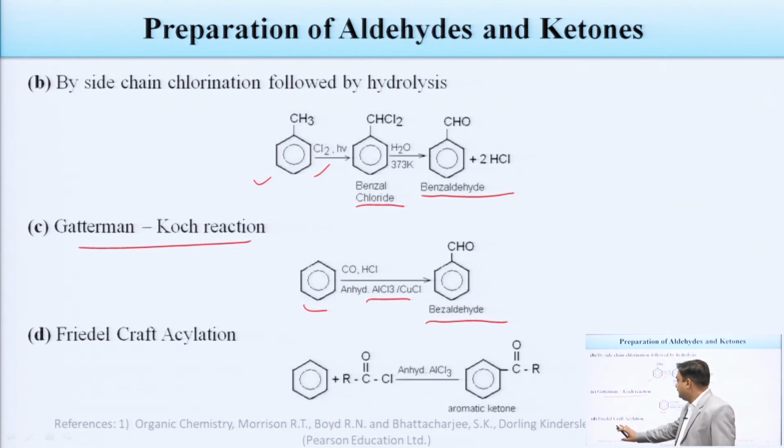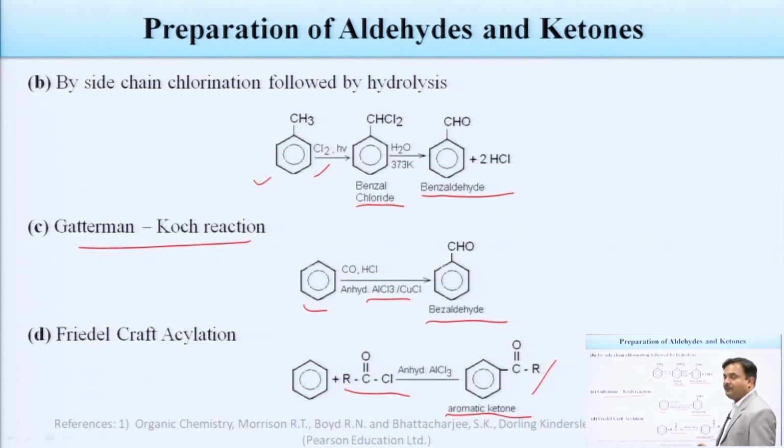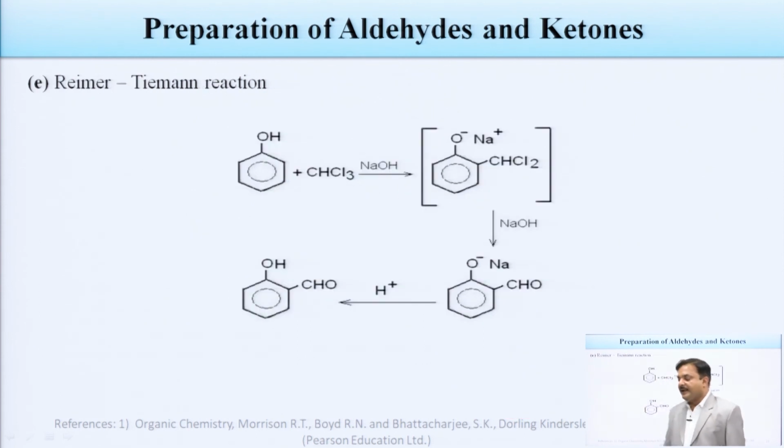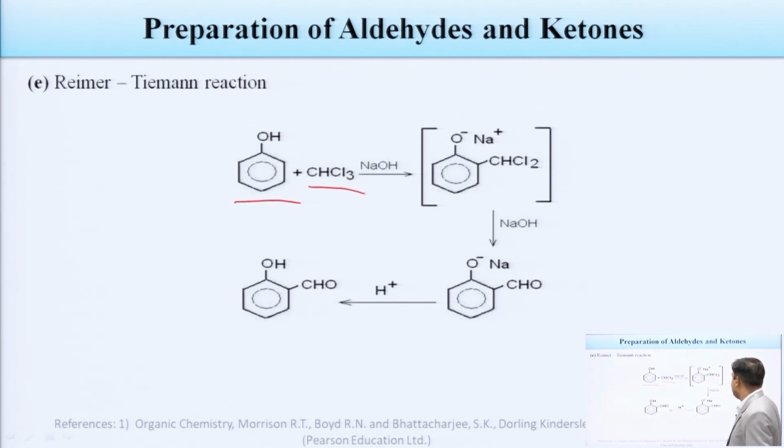The next reaction is the Friedel-Crafts acylation reaction. So, we use an acylating reagent like RCOCl, benzene gets acylated and we are getting a ketone. You can see acetophenone and other aromatic ketones can also be prepared by this reaction. The next important reaction is the Reimer-Tiemann reaction. Again we are using phenol, and when we use CHCl3 in the presence of NaOH, we get a salt.